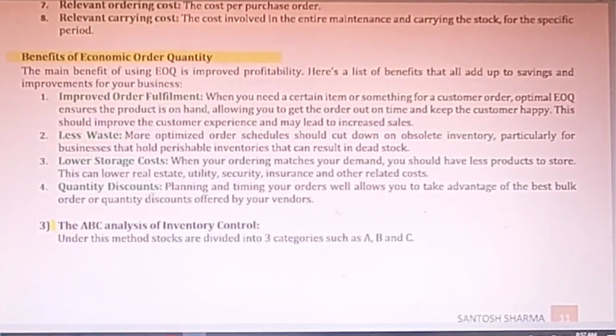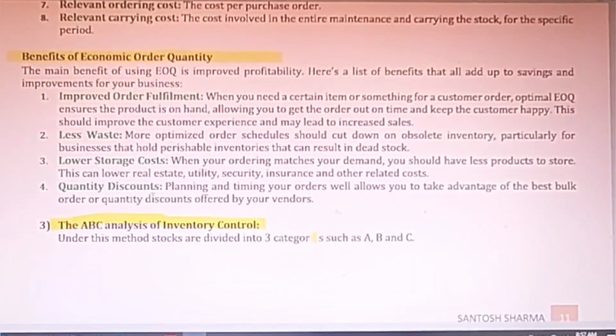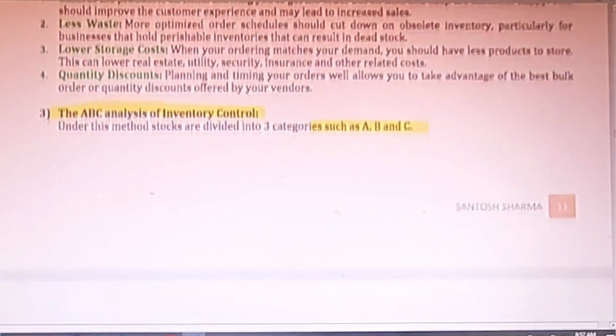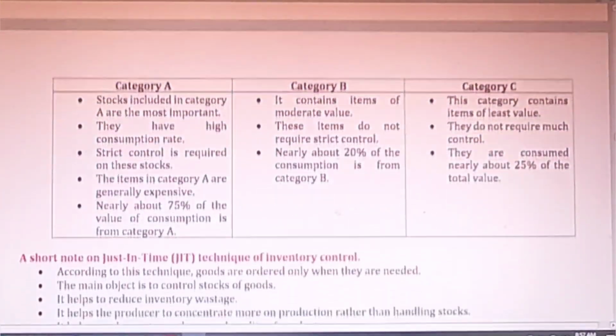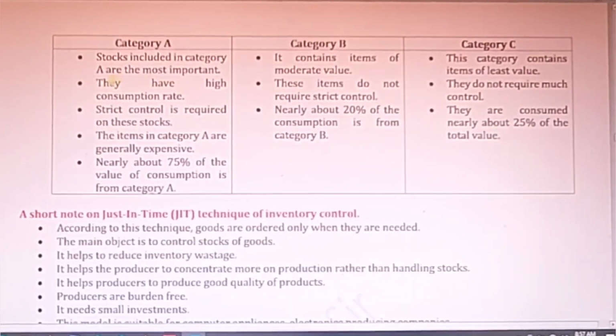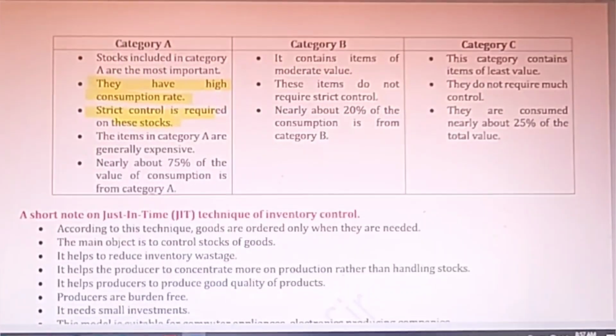Then we have ABC analysis. ABC analysis is very simple. The stocks are divided into three categories, A, B, C. Category A items have a high consumption rate, and strict control is required over them.